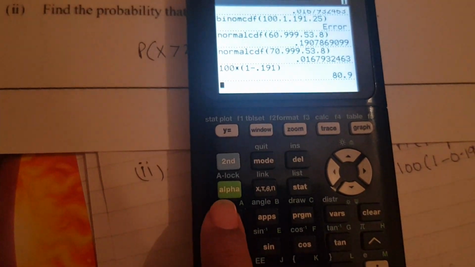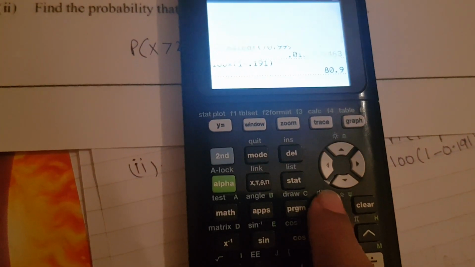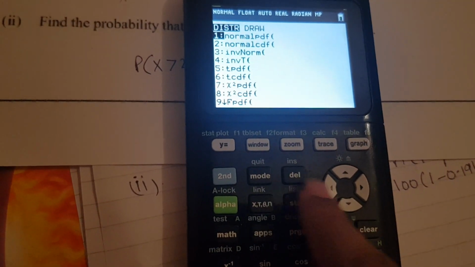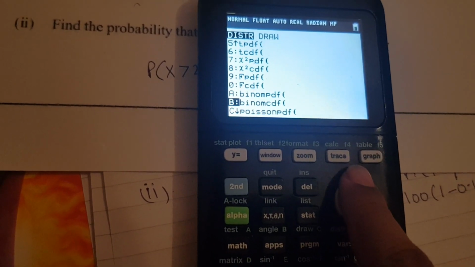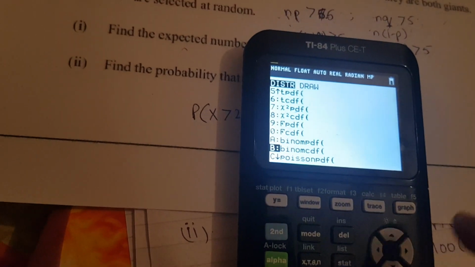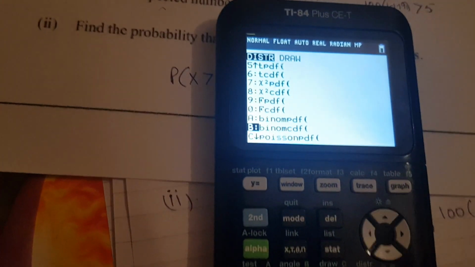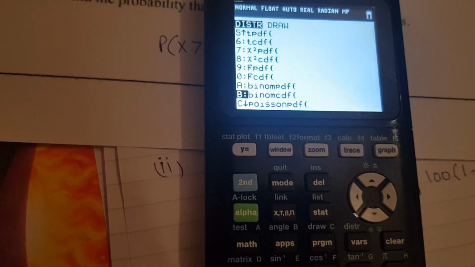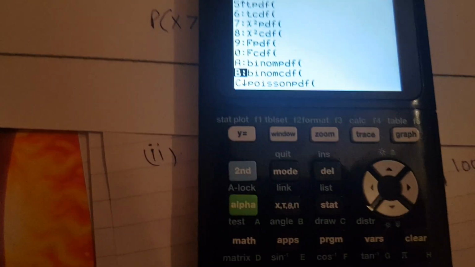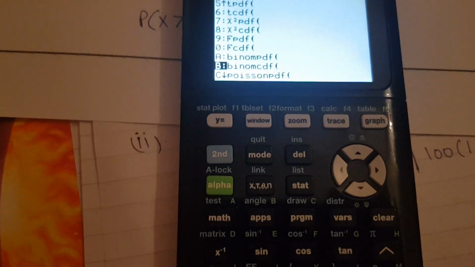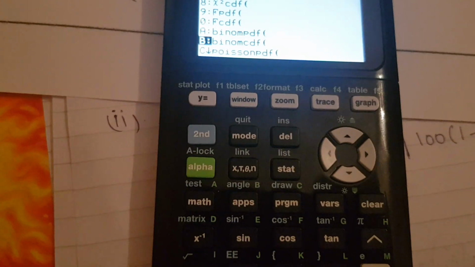Now on your calculators, go to distributions and go to binomial distribution this time, not normal distribution. We'll go to binomial distribution this time because in our question we have "at least". So I will use binomial CDF. Why CDF? Because I have a greater or less than sign, it's not an equal sign.